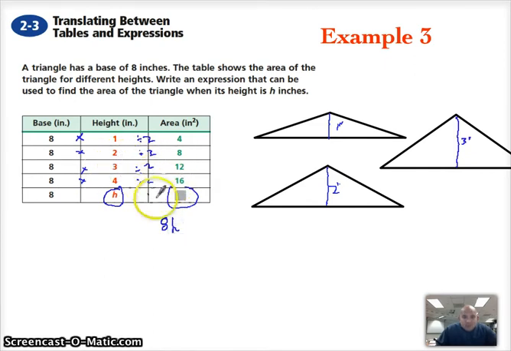Now I'm going to divide it by 2. I can either write it like this, or I can write 8 times h divided by 2. All right. We can see in this problem as well, there are 2 operations, multiplication and then division.